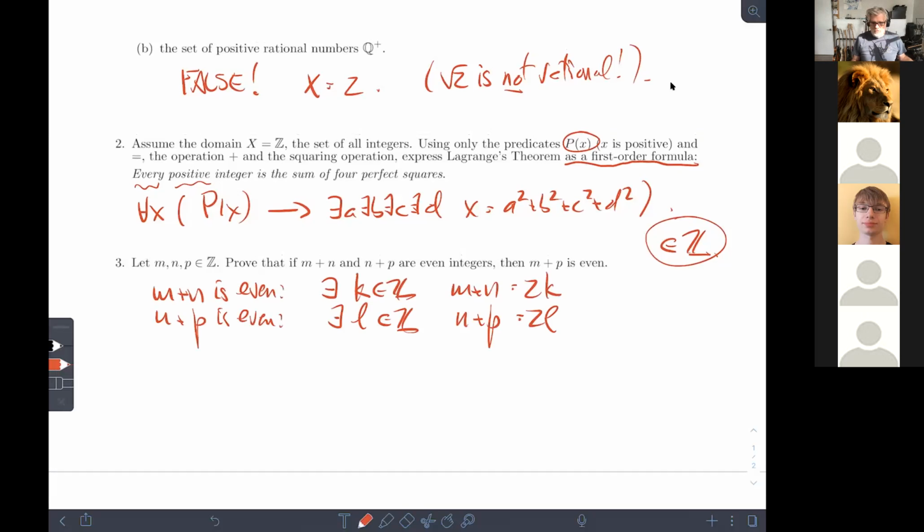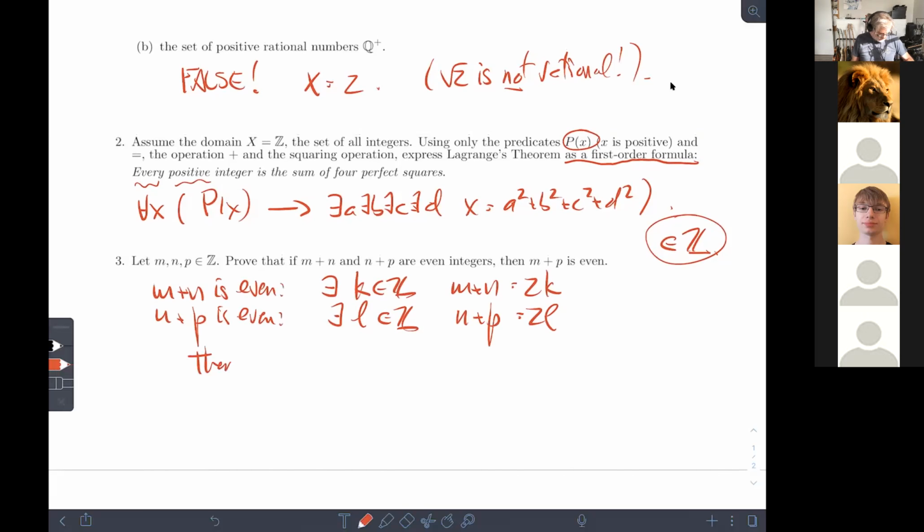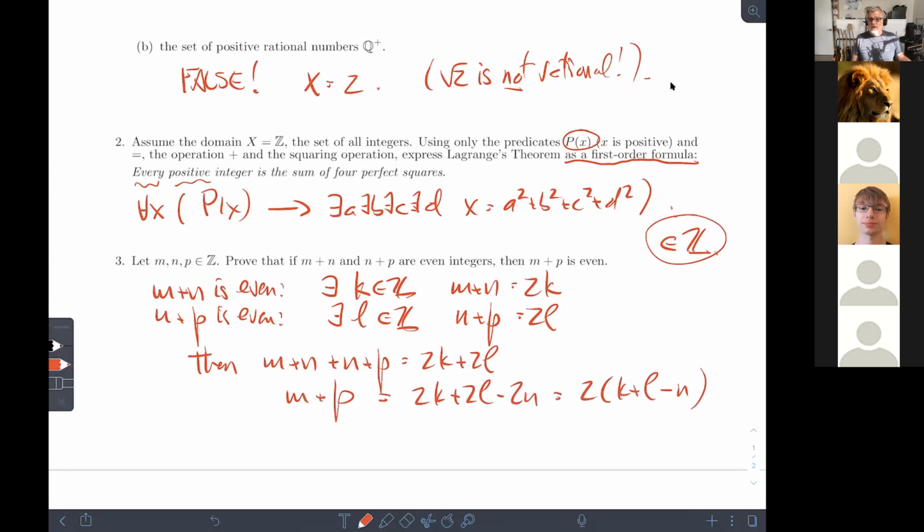And now what I'm going to do is a bit of magic. I'm just going to add those 2 things together. So what I'm going to get is m plus 2n plus p is equal to 2k plus 2l. And what I'm interested in is m plus p, so I will solve for it. This is equal to 2k plus 2l minus 2n, which is twice k plus l minus n, and hence it is even. That's the short proof.